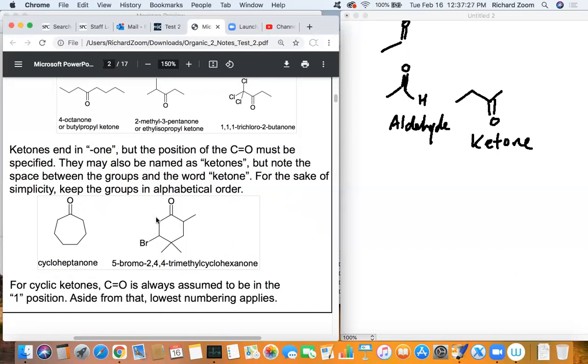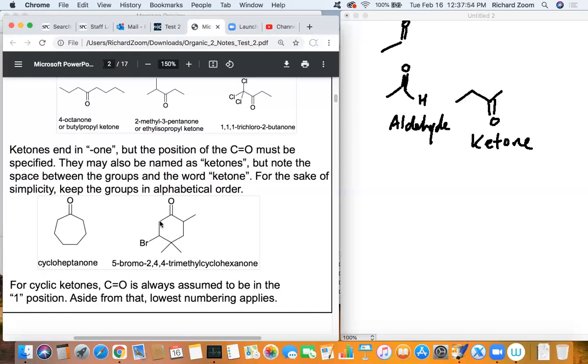In this case, we're looking at the direction that would give the lowest possible numbering, but the 1 position is always going to be the C double bond O. If I was to number it in the other direction, I'd end up with higher numbers than in the direction I have done it, which is clockwise. I could have tried to number it counterclockwise, but those numbers will be larger.